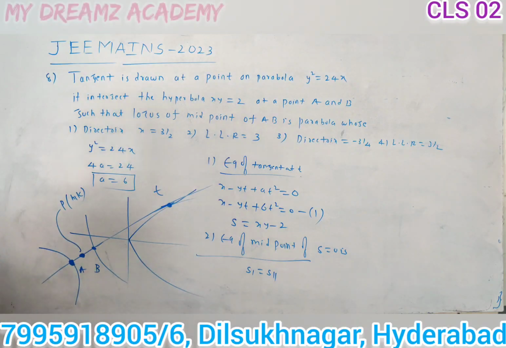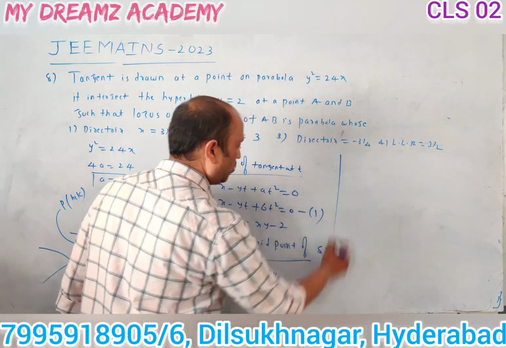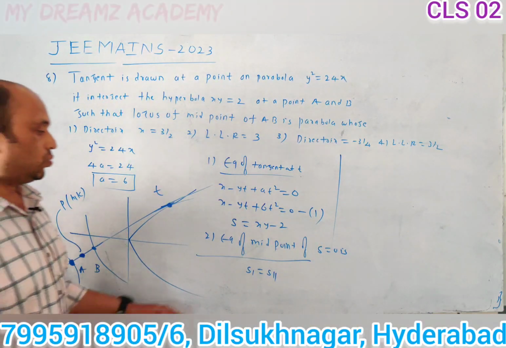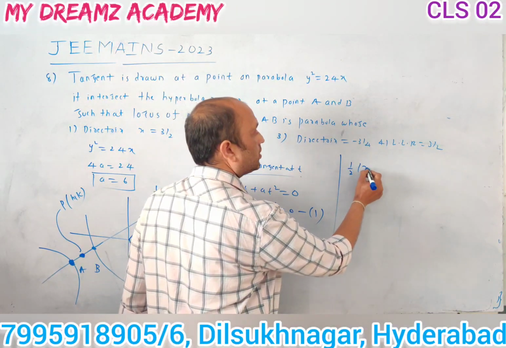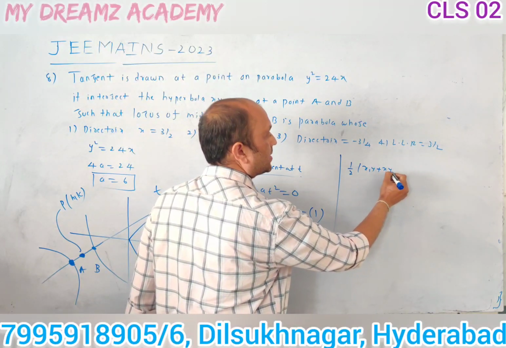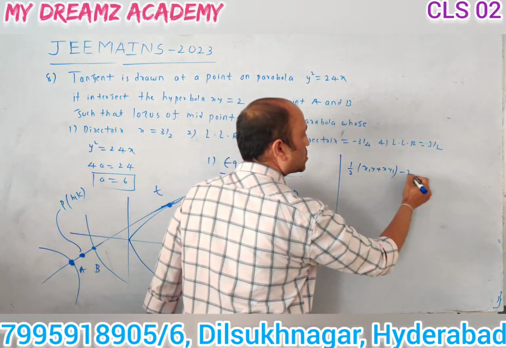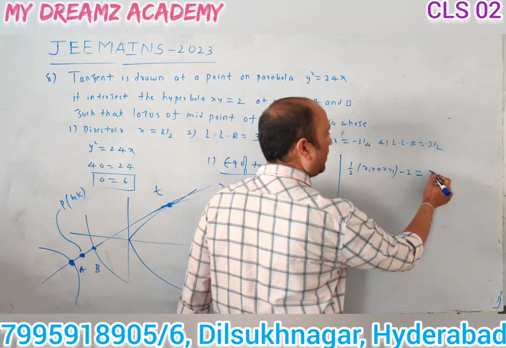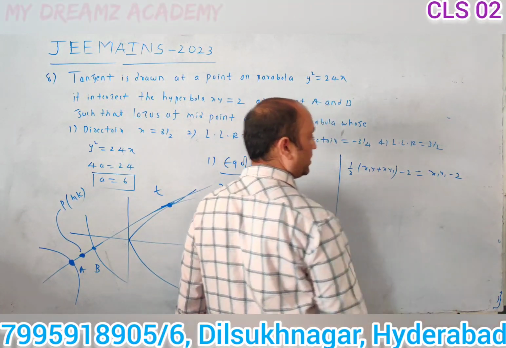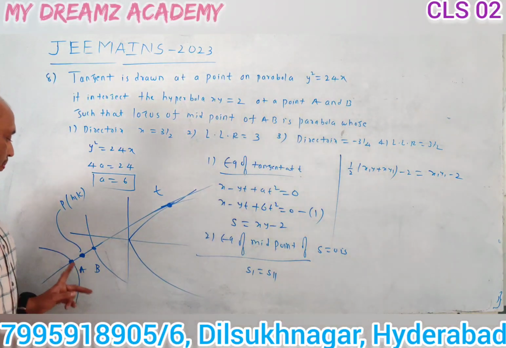So S1 is half into x1y plus xy1 minus 2, equal to S11, which is x1y1 minus 2. This is the equation of the midpoint chord.